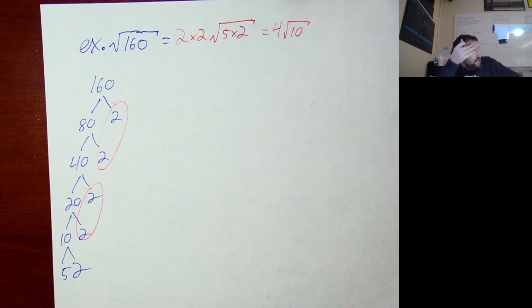Okay, well, if you don't have a question for me, then I have a question for you. What if, instead of having square roots, we increase the root? Can we do something similar with cube roots, or fourth roots, or fifth roots? You bet we can.